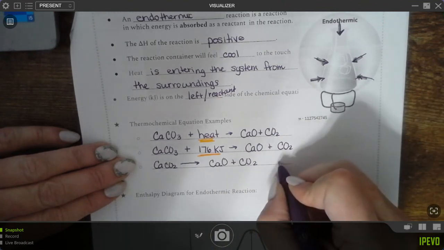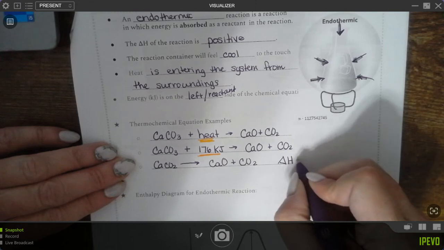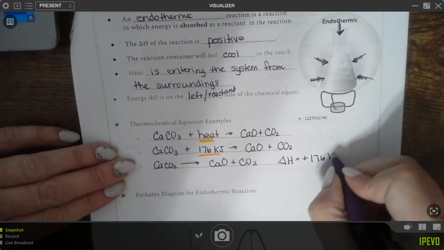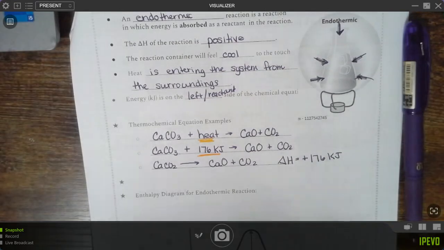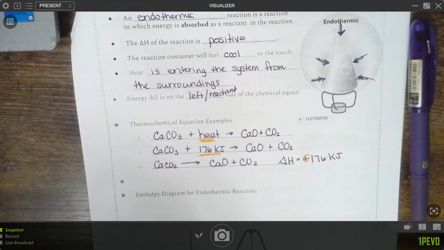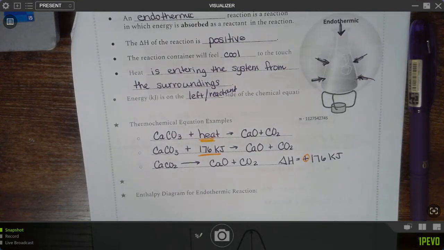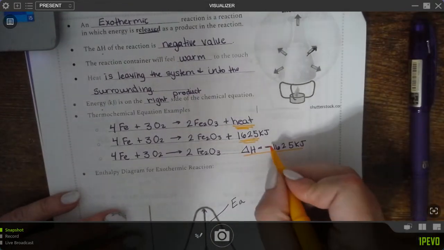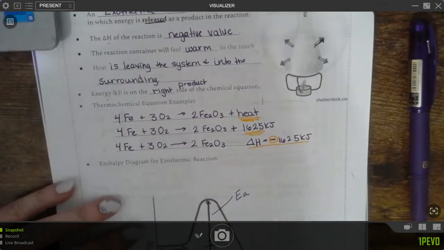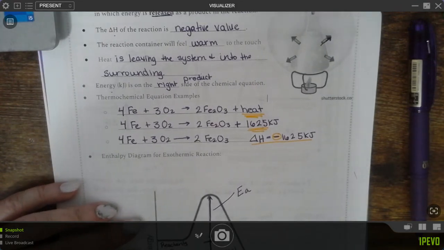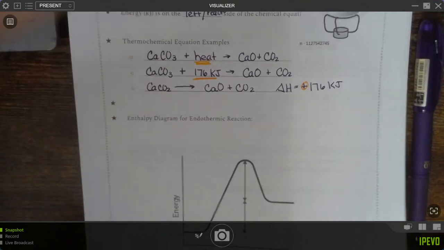Delta H is positive 176 kilojoules. It's the fact that this is a positive number that makes it endothermic. And over here, this negative makes this an exothermic reaction.